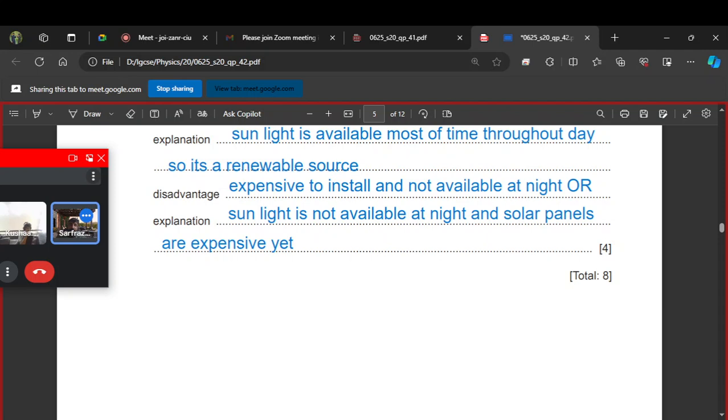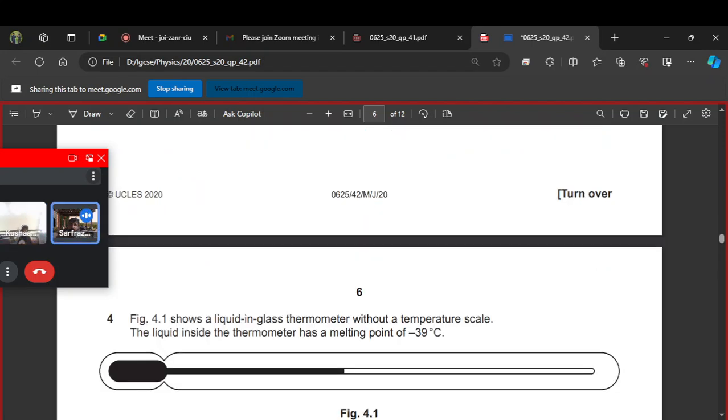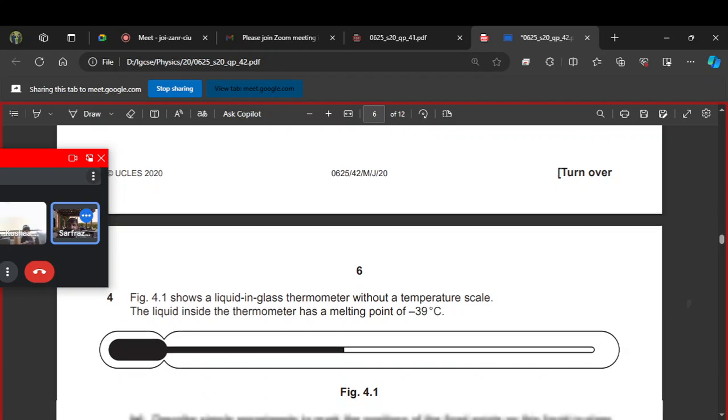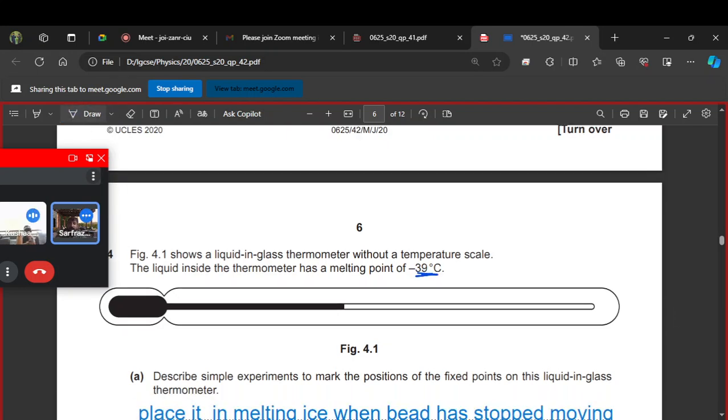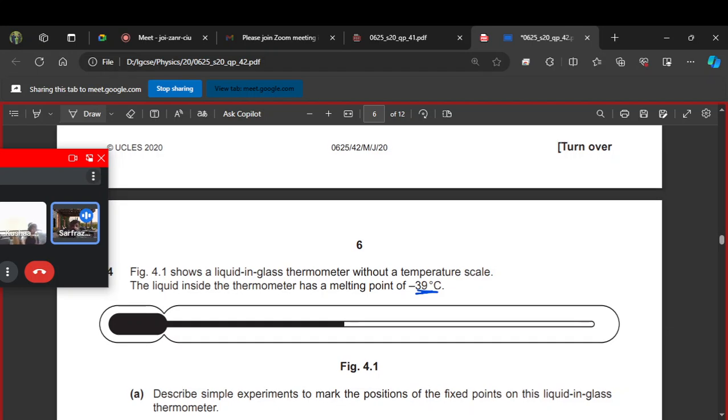Next question says that figure 4.1 shows the liquid in glass thermometer without a temperature scale. The liquid inside the thermometer has a melting point of 39 degrees centigrade. This is the melting point. Now describe the simple experiment to mark the position of the fixed point on this liquid in glass thermometer.